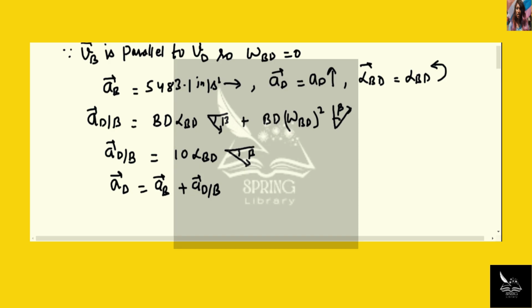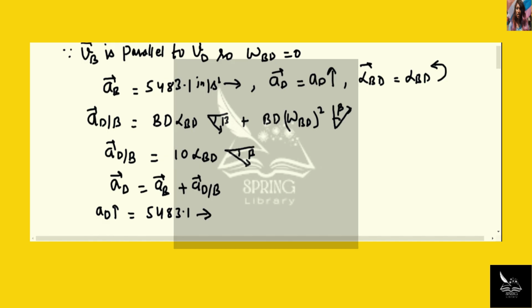AD is in the upward direction. AB is 5483.1 inch per second square towards right.